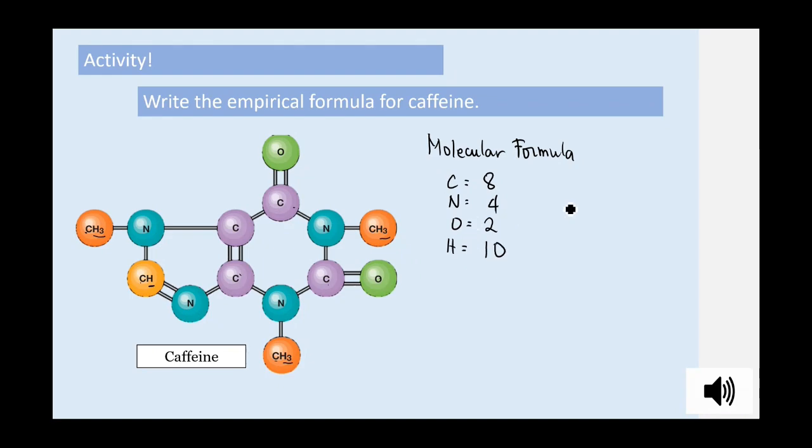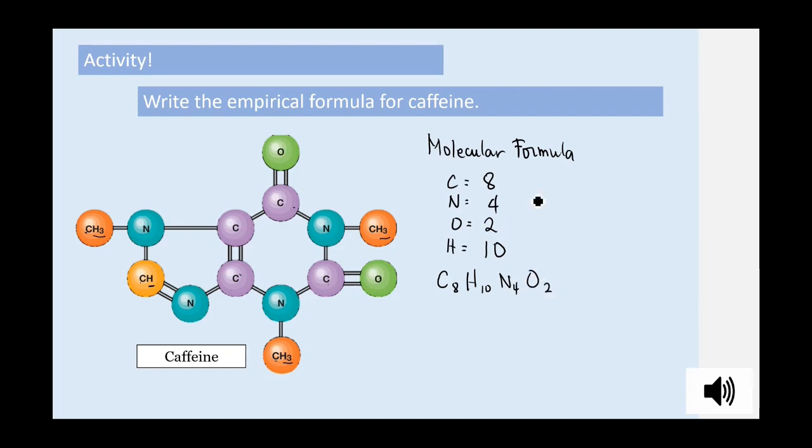So in writing the molecular formula, that will be C8, then hydrogen 10, and then our nitrogen, which is 4, and our oxygen is 2.